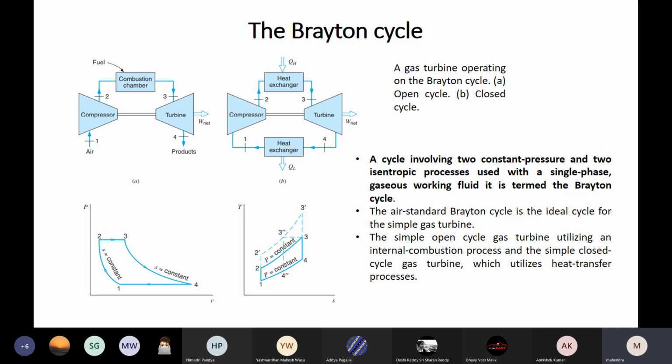As we have seen, when using the gas turbine for aircraft, we have to generate thrust by expanding in the nozzle. That means the hot gases are leaving to the environment. That is the open cycle. In the case of land-based gas turbines, which we use for electric energy generation, we cannot reuse the combustion gases coming out of the turbine.